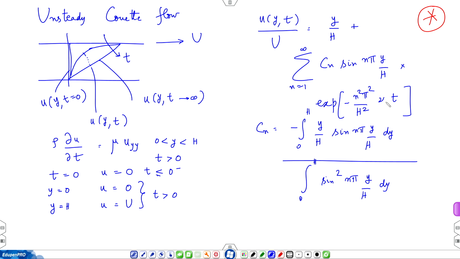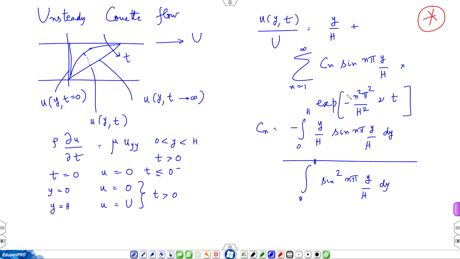You also notice that as time t approaches infinity, the infinite series goes to 0 and you get the linear variation. So, the deviation from steady state is given by the second term, and how rapidly does it diminish? That depends on the exponential term with the smallest value of n. That will tell you how rapidly it diminishes. So, roughly you can check this, e raised to minus 3 is around 0.01.